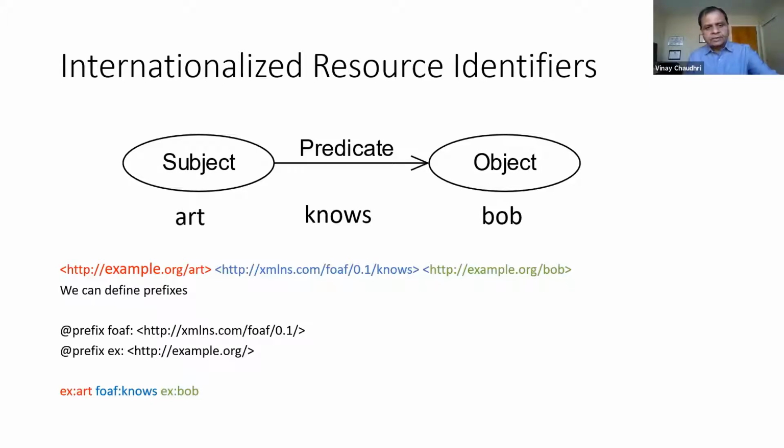In the triple shown at the bottom of the screen, I'm using FOAF:knows, and an RDF interpreter or compiler would know that FOAF should be expanded as per the abbreviation that has been defined within the document.